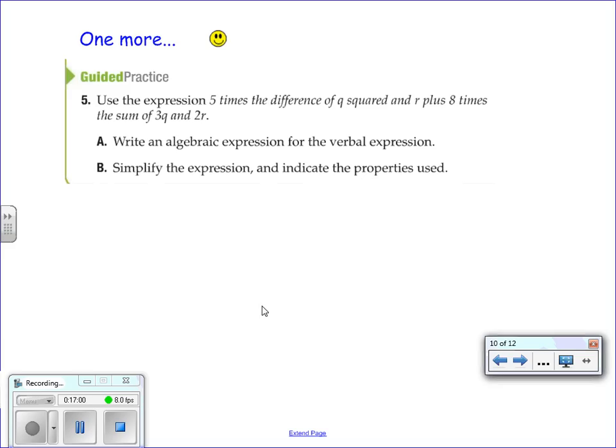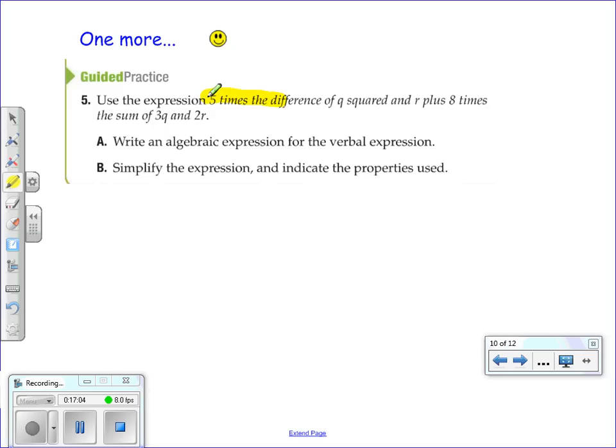Let's read that together again. 5 times the difference of q squared and r plus 8 times the sum of 3q and 2r.